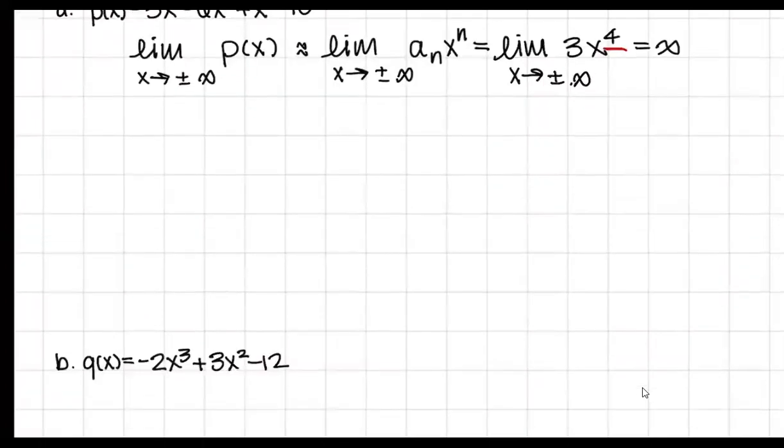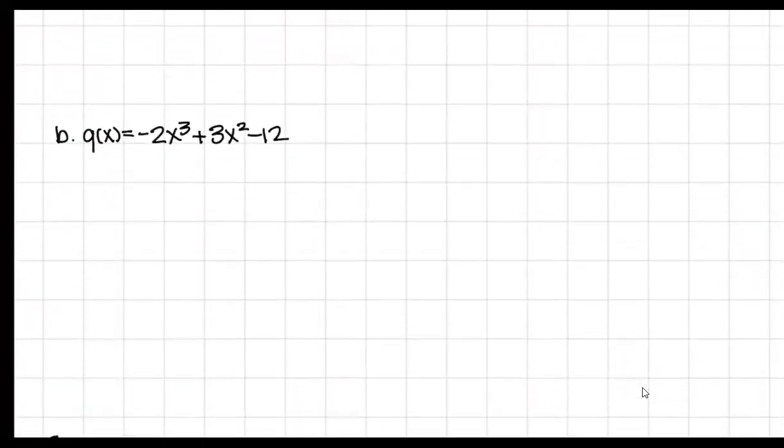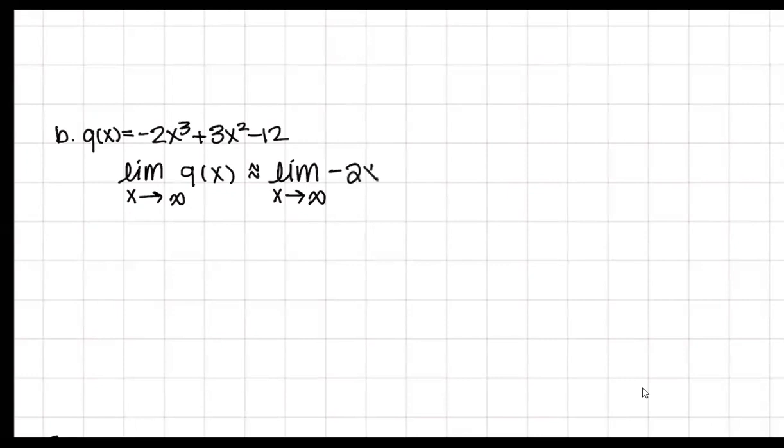Next, we're interested in what happens when we've maybe got a negative coefficient and x to an odd power. So in this case, we do the same thing as before, except this time we do have to break it up into positive infinity. So the limit as x approaches positive infinity of q of x is the same as the limit as x approaches positive infinity of negative 2 times x to the power 3.